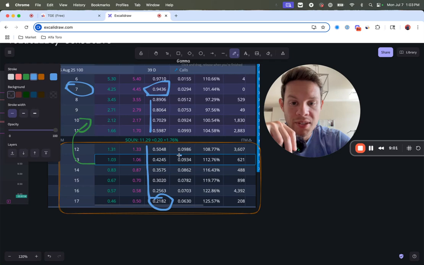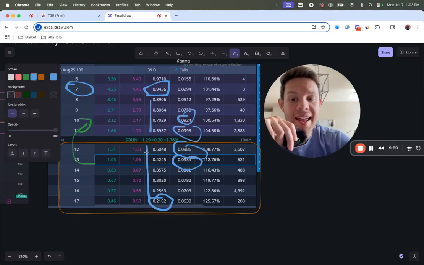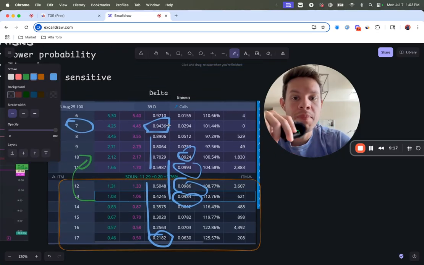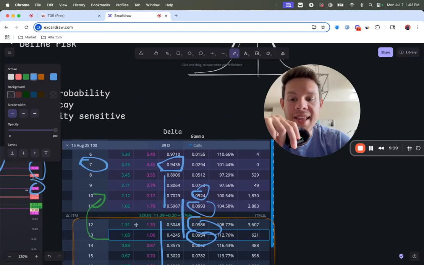You can see here 0.09. This is a high level gamma. We want to capture all this, and this starts at an out of the money strike. And when we capture all this high gamma, we make quicker delta, which means we make more money quicker than at the money or in the money.